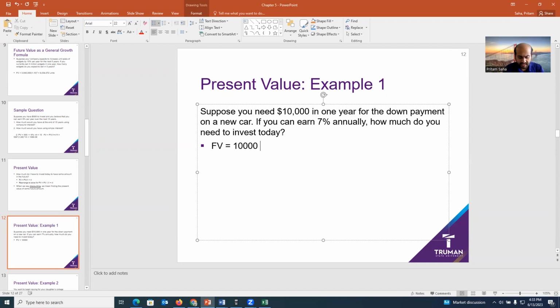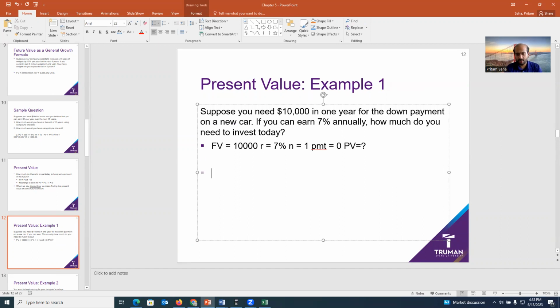Nothing else is mentioned, so R equals 7%, and N is 1. For now, we're going to say payment is 0. How much is the present value?